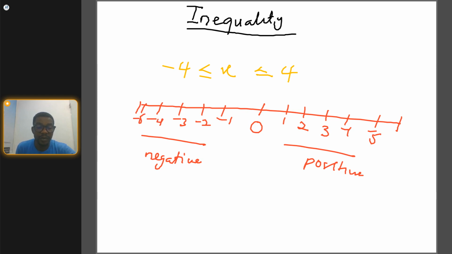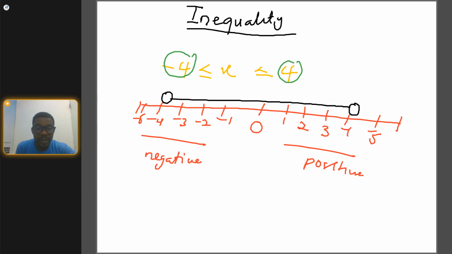Now what I have to do is to identify 4 and identify -4. We have to identify the two numbers in that question. So where is minus 4? We have minus 4 here, and we have 4 here. So we draw a line to connect both of them. Now we check the inequality sign.